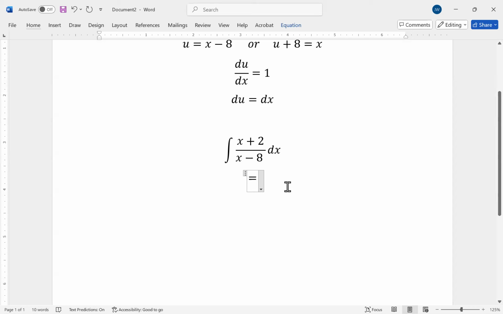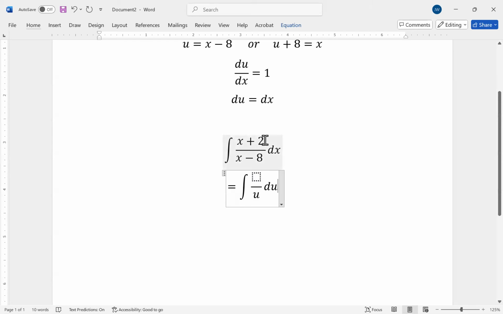When I start to substitute, let's go ahead. Now I'm ready to integrate. When I start to substitute, x minus 8 gets replaced with a u. The dx gets replaced with a du.